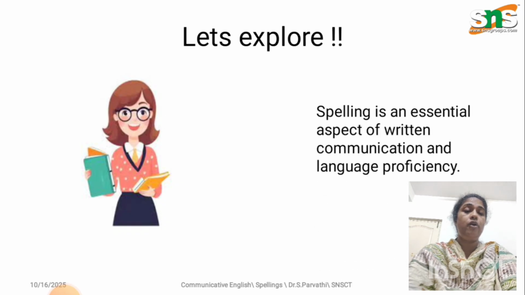I already told you spelling is an essential aspect of written communication and language proficiency. That's why in our smaller classes, teachers are very particular, and they drill us to learn more languages. They won't allow us to make any spelling mistakes, and they teach phonetics to pronounce the word correctly, right?